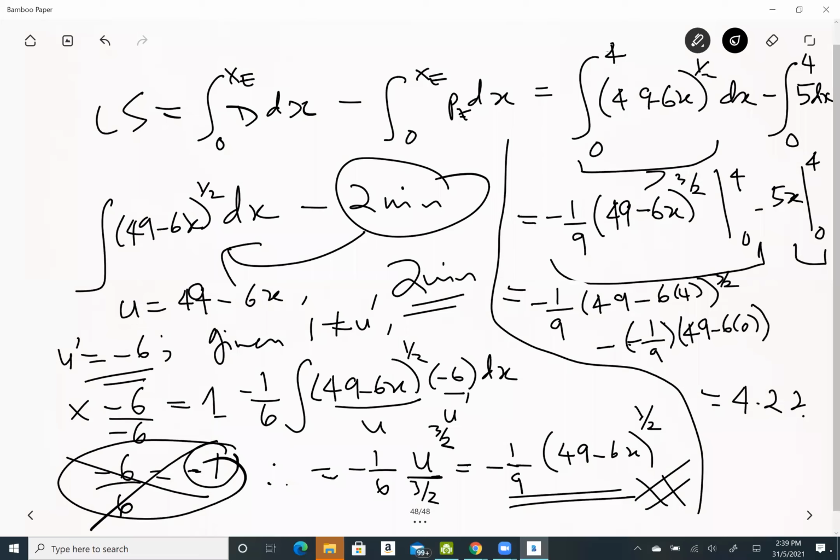So you got here 49 to the power of 3/2. Now you put another bracket because that is the integral of the demand function. So it's not just everything here integrate from, you evaluate at 4, you minus 0, no. You have to minus the thing.